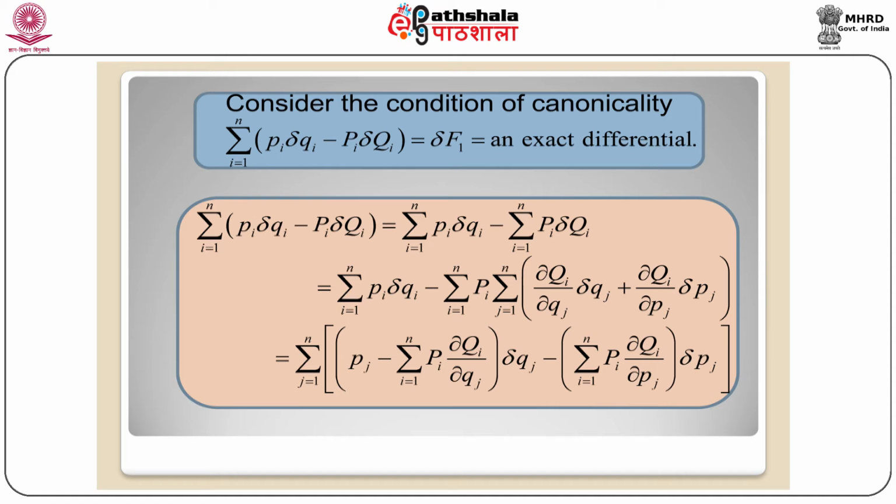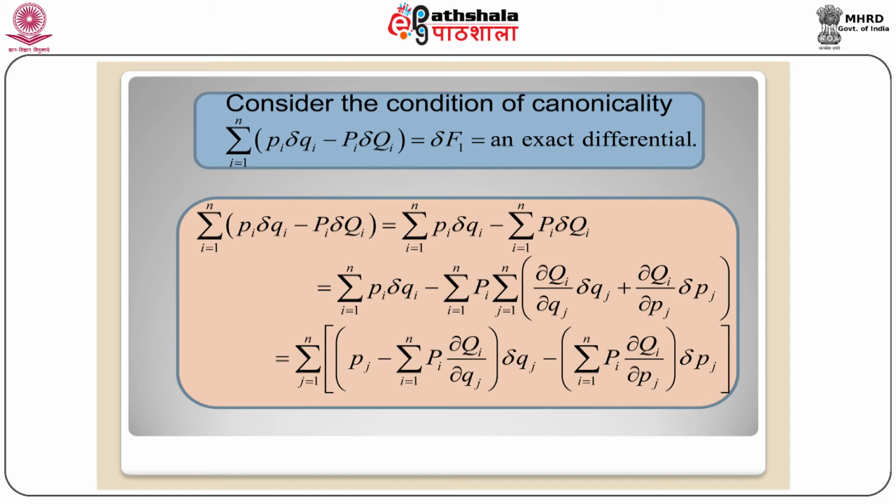Here the parameter t is held constant. Qi is a function of q, p, t, Pi is a function of q, p and t, and F1 is a generating function which is a function of q, Q and t, while finding the differentials delta qi, delta Qi and delta F1.